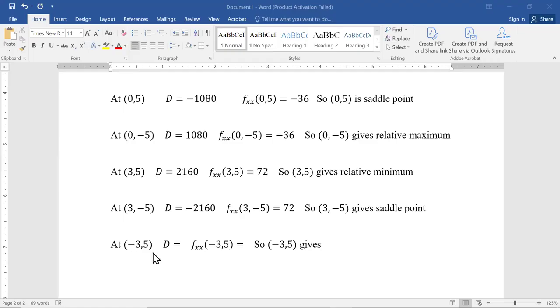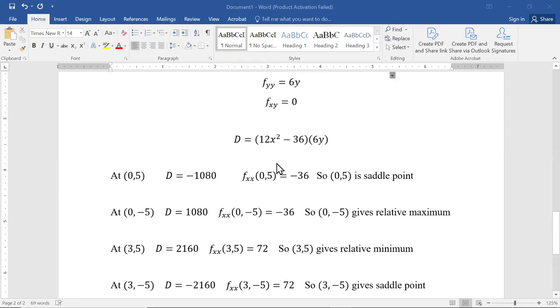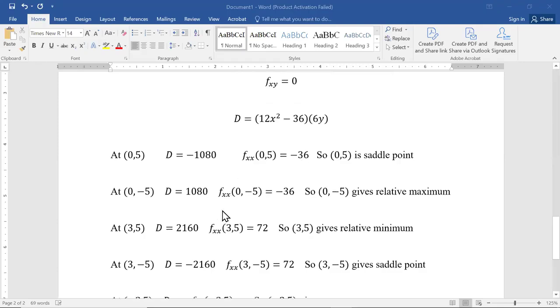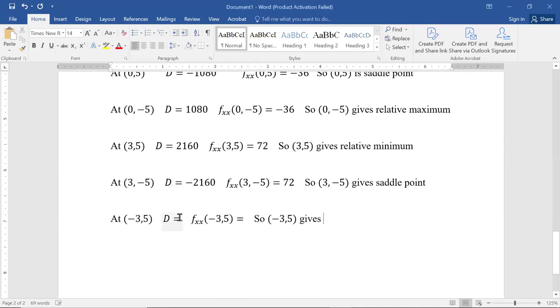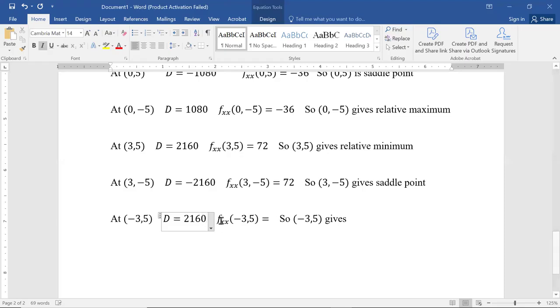Again, plug in -3, 5 into the D. If I plug in -3, 5 into the D, 12 times the quantity -3 squared minus 36 times 6 times 5, I ended up with, again, 2,160. So D is 2,160.